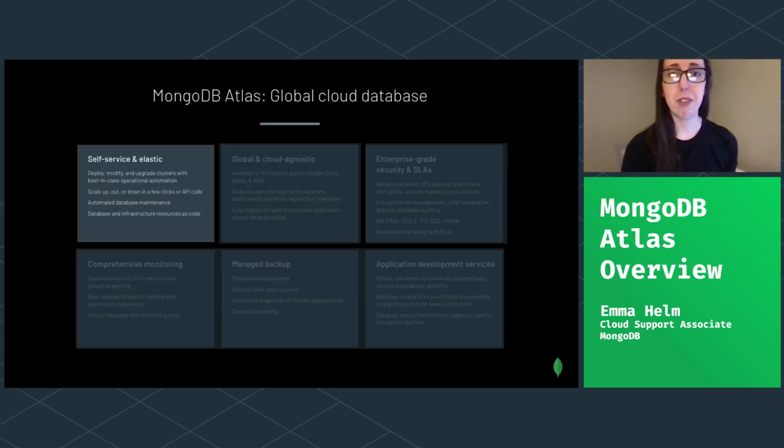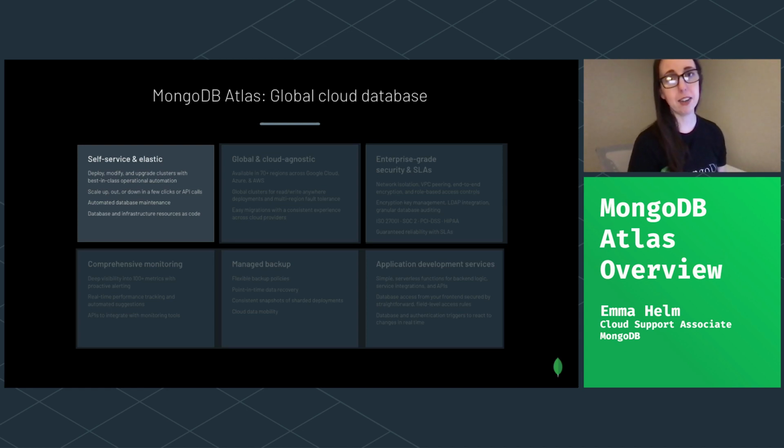So taking a bit of a deeper dive into the Atlas features, we'll start with self-service and Elastic. On Atlas, you can deploy your cluster in minutes. Once the cluster is created, users can modify cluster configuration with minimal or no downtime, depending on what configuration changes you make.